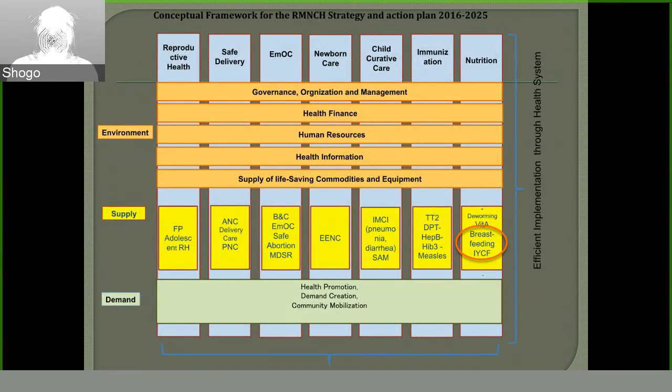These are the 7 areas this strategy is formulated with. On the horizontal orange bars, you can see cross-cutting health system components. With these 7 technical areas and 4 health system components, except for governance here, there are 11 strategic objectives.